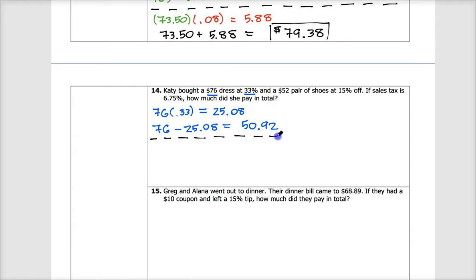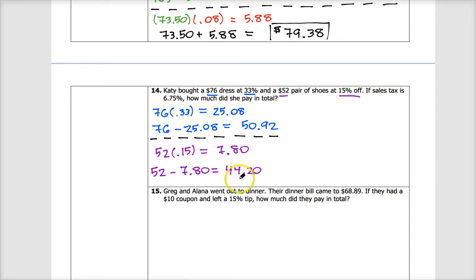Then she also bought a pair of shoes. Her pair of shoes originally was $52 and she's getting those for 15% off. So that's 52 times 0.15. 52 times 0.15 is 7.80. And so we need to take 52 minus 7.80. And when we do that, we get 44.20.